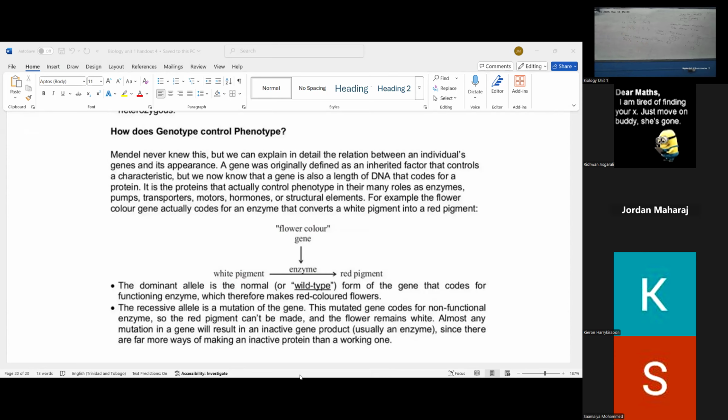So this is what I was talking about before. We have to figure out the gametes to figure out the F2 generation. What are the gametes for this one?